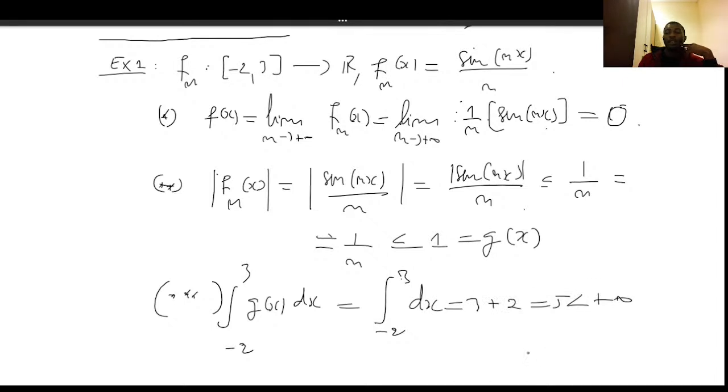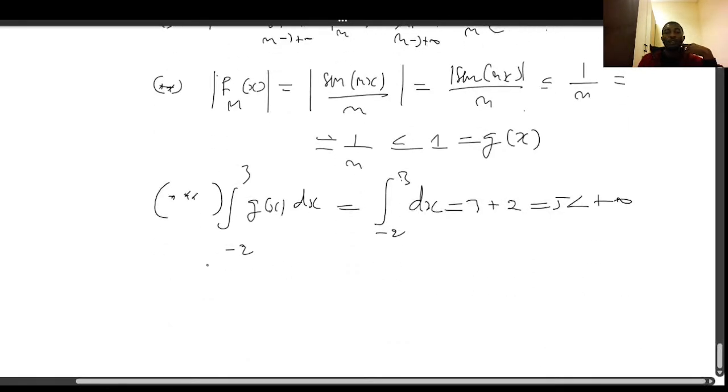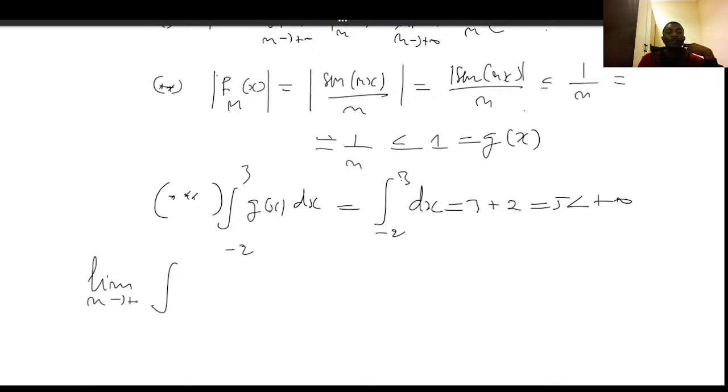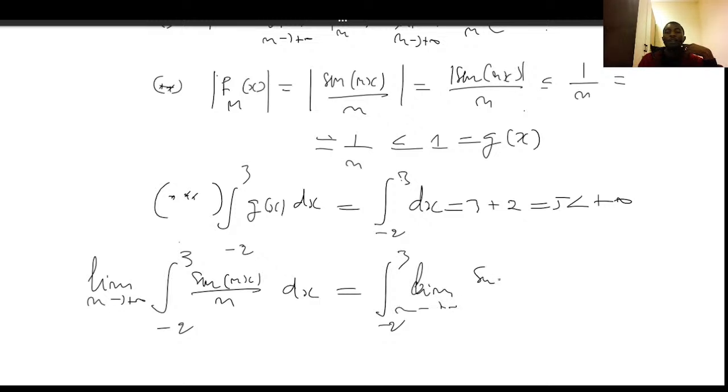So the integral of g is finite, and then we can use the Lebesgue dominated convergence theorem, which says that the limit of the integral of sine of nx divided by n dx is equal to the integral from -2 to 3 of the limit as n goes to plus infinity of sine of nx divided by n dx.